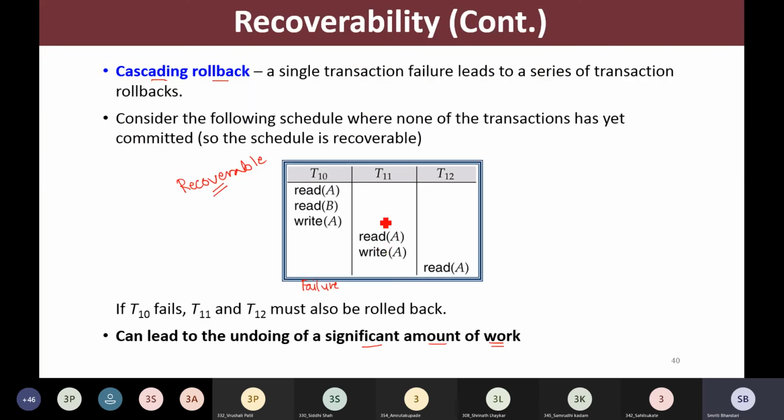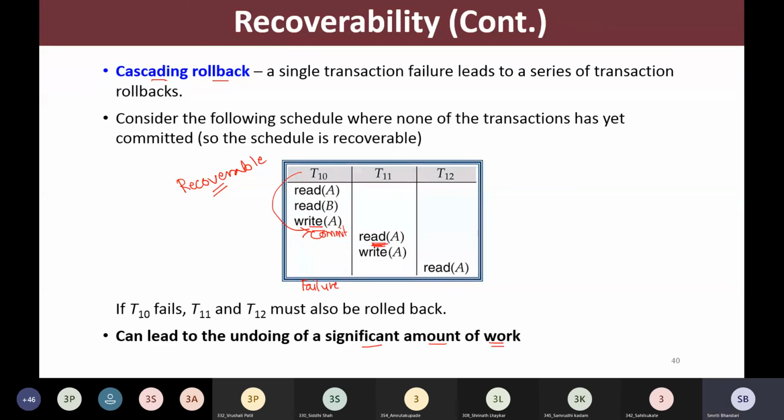So here, if T11 is reading A and T10 is writing A, then the commit operation of T10 should appear first, before T11 reads that element.